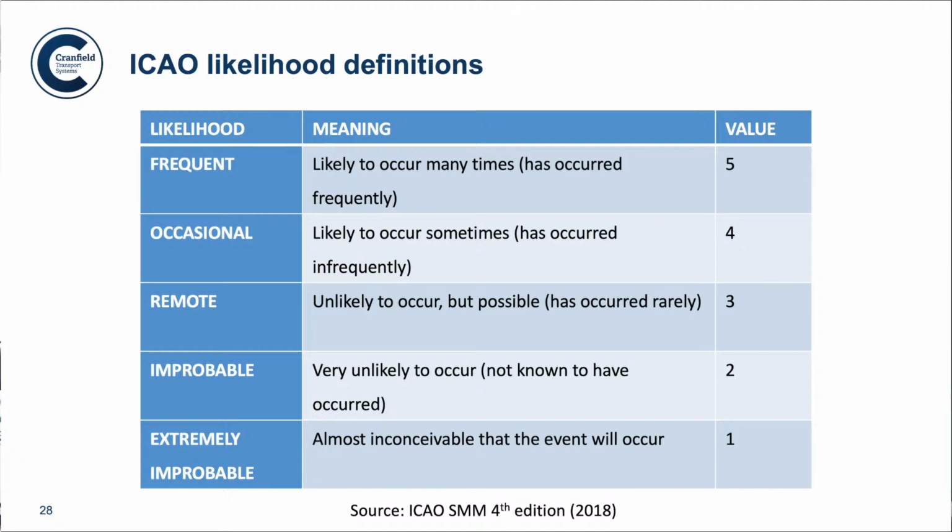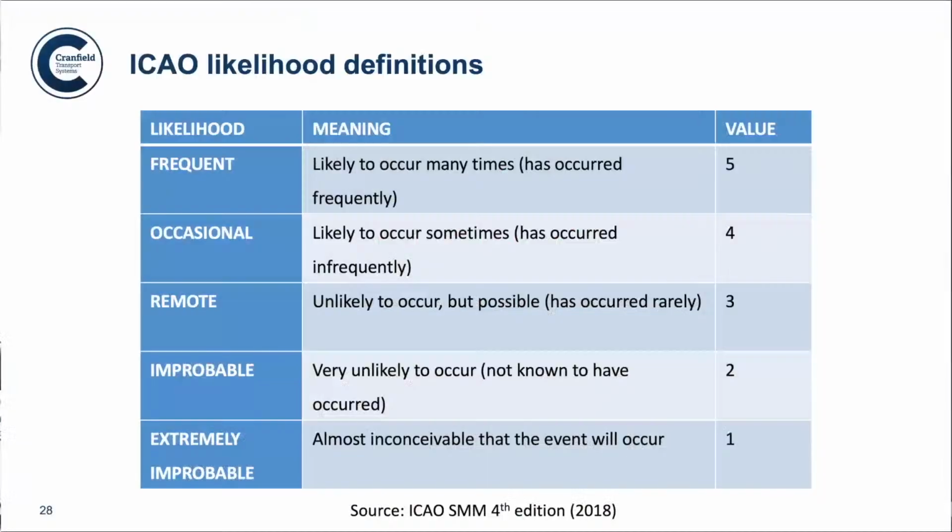In previous versions of ICAO's Safety Management Manual, they used to provide some further guidance on these definitions and actually state what frequent meant in terms of number of hours or number of cycles and that kind of thing, which was helpful. But I don't know why that was taken out, whether it was because it was maybe being too prescriptive, and maybe it led some people to become confused when it came to working out how to apply those kinds of definitions to their own context, to their own domain.